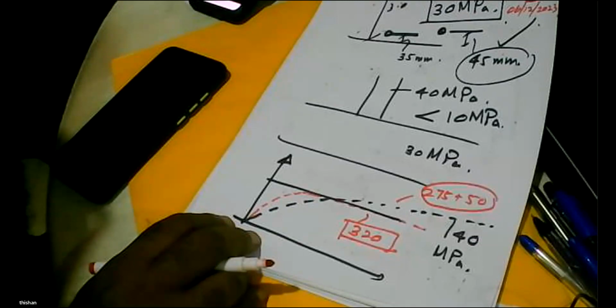Now fly ash can come into action and continue to react with the calcium hydroxide generated, creating a very dense and very strong concrete. You target 30 megapascal in 28 days. But after about 1 year, if you take a core and test it, you will find the concrete in the raft is 40 or 45 megapascal and continuing to increase in strength.